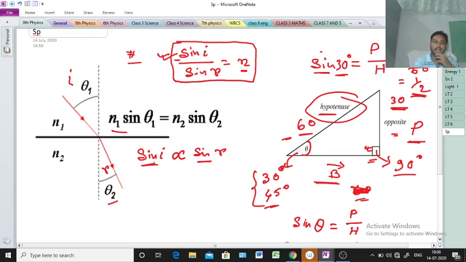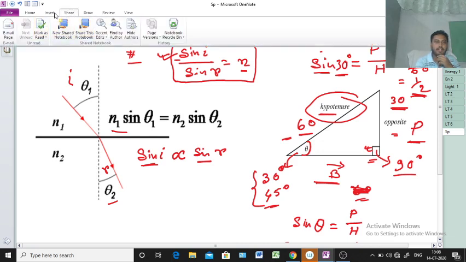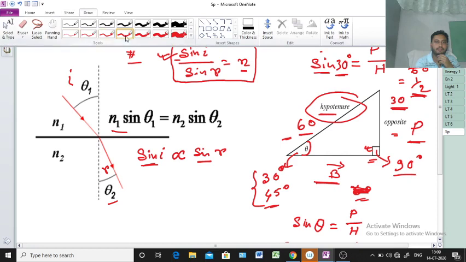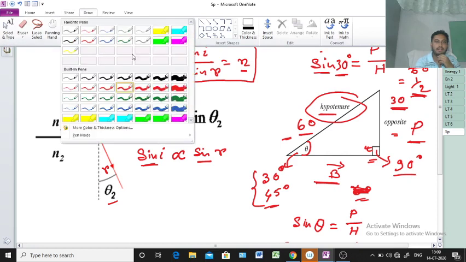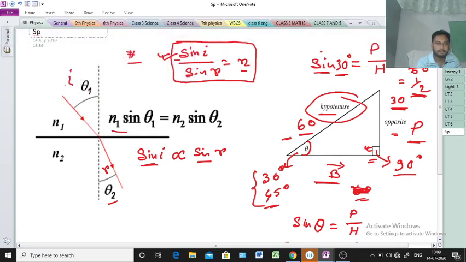So sine I means here this one is I. If this one is I, then you can draw a right angle triangle also here. You can draw a right angle triangle like that. This one is a right angle triangle.